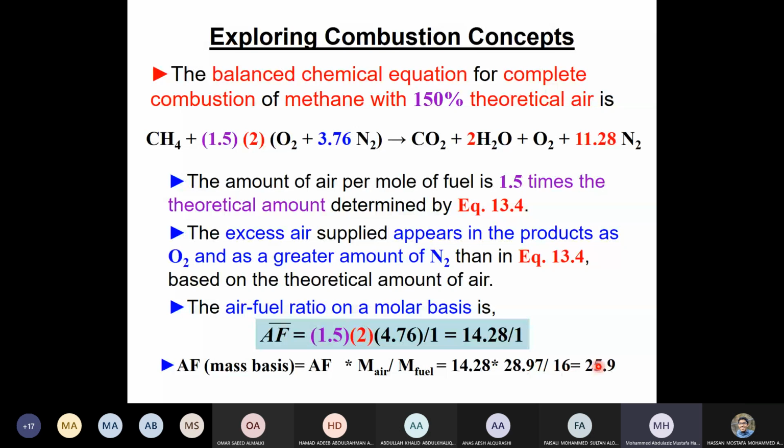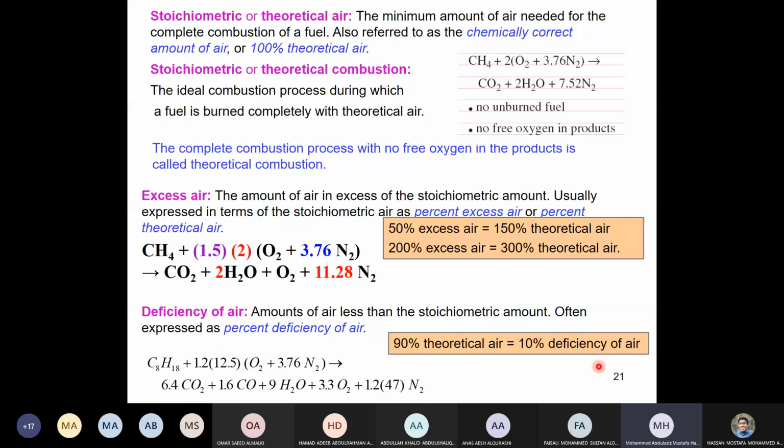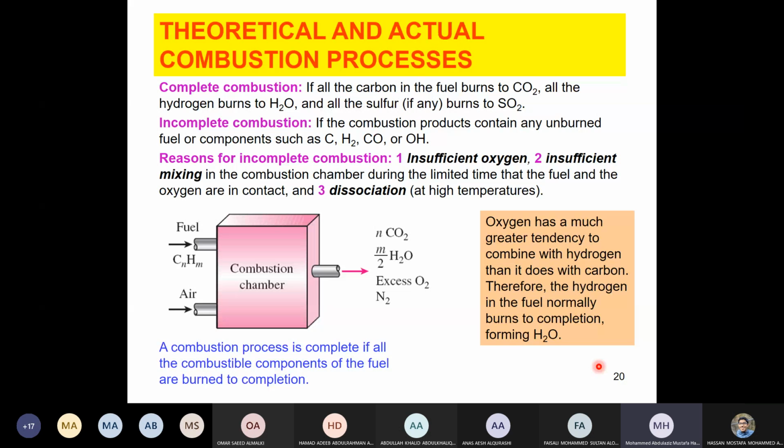All right. So now let us go back here and talk about theoretical and actual combustion processes. What is the difference between them? As I mentioned, in actual practice, of course, we add more air.